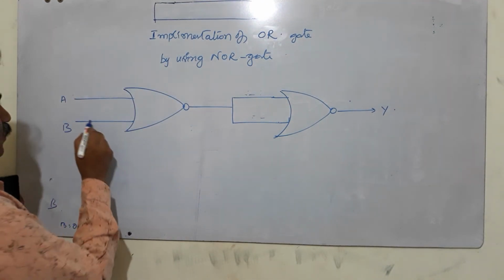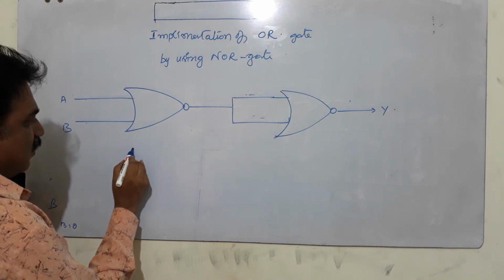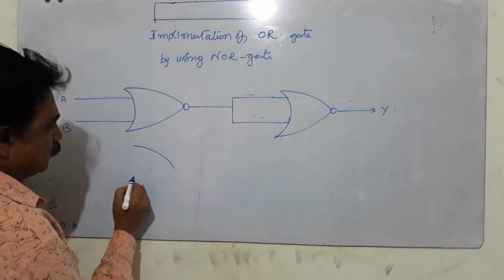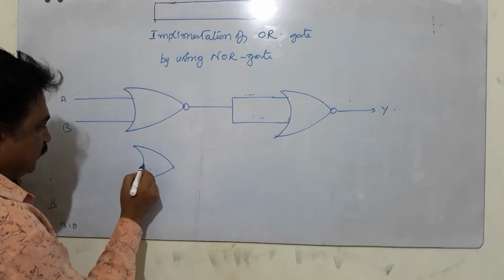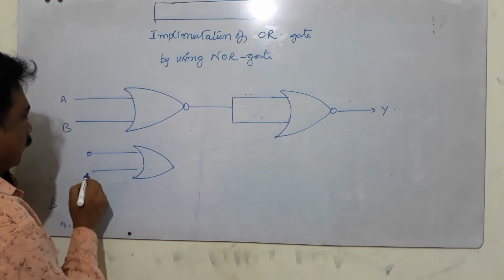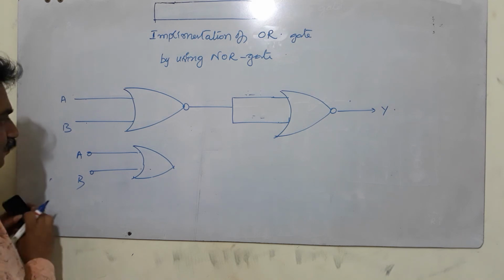See, A and B, here first there is OR gate, just like this. There is OR gate. A and B, there is OR gate.